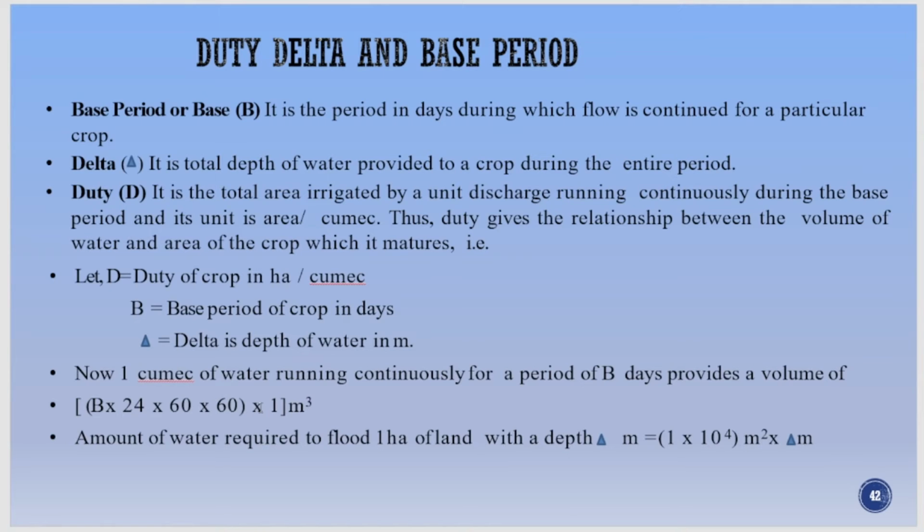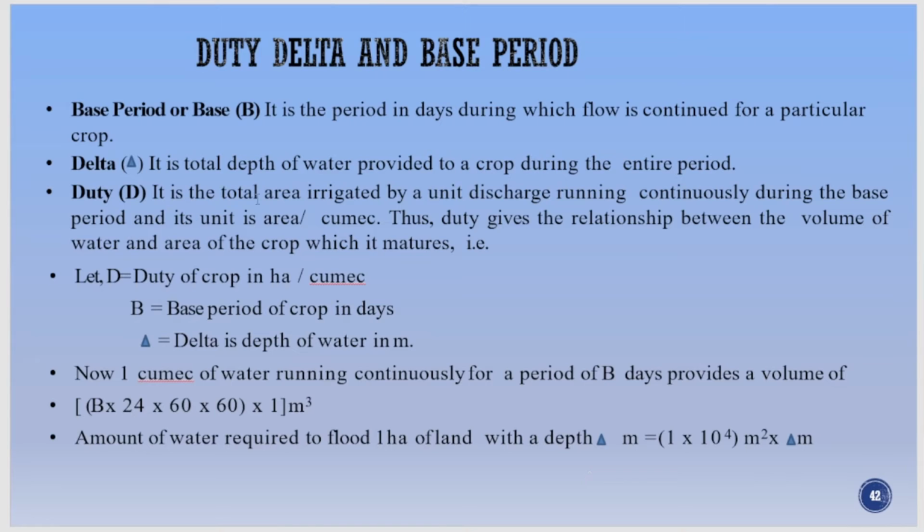Once we have understood that, next we'll go to the amount of water required to flood 1 hectare of land with a depth of delta meter. Consider 1 hectare of land is available, and I apply a depth of delta.